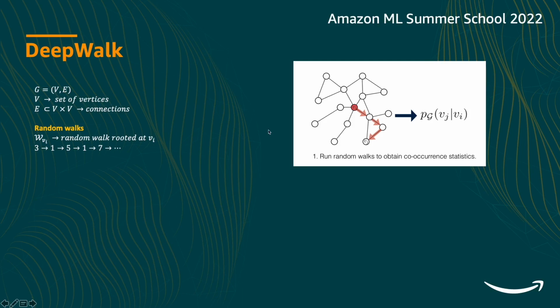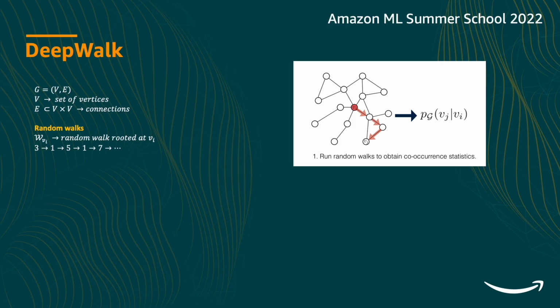Again, starting with the notation, we have a graph G with a set of vertices V and a set of edges which connects those vertices. The graph may not necessarily have edges between each pair of vertices. Some pairs have edges between them and some do not. We also do not make too many assumptions about the nodes.